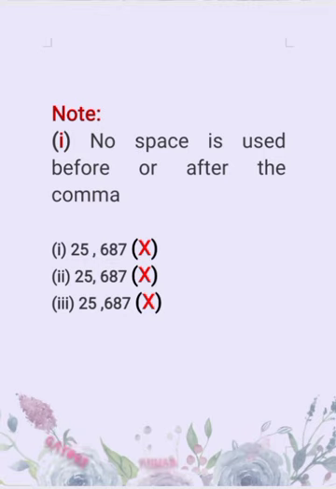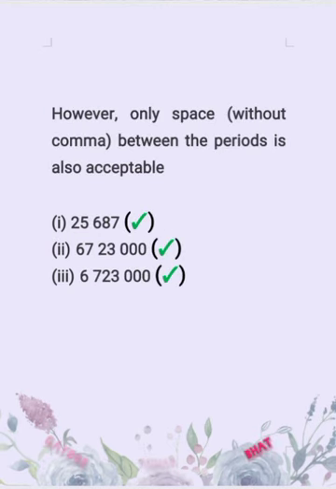For example, 25,687. Here in these examples we have used spaces on either side of the comma in the first, after the comma in the second, and before the comma in the third, and this is unacceptable. However, only space without comma between the periods is also acceptable.